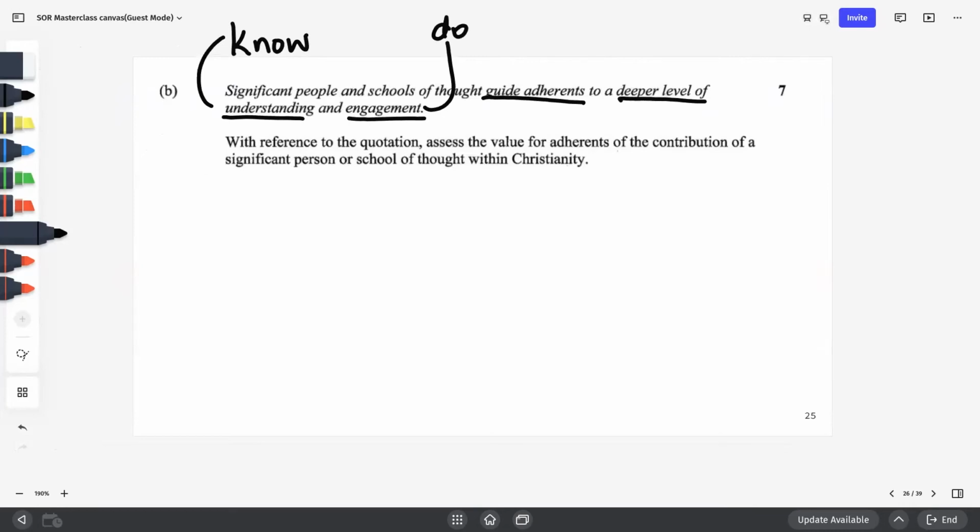So with reference to the quotation, even if it didn't say this, the expectation at the marking centre is that if stimulus is given, stimulus is used. Here's your verb: assess the value for the adherence of what one significant person or school of thought has given to the tradition. So what I tell my students is, when it says contribution of a significant person or school of thought within Christianity, cross that out and write your words.